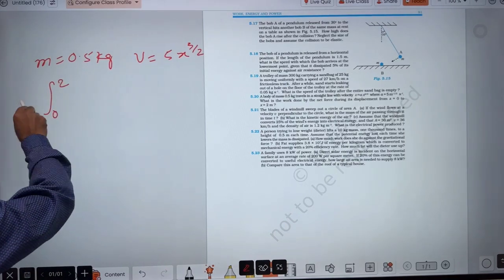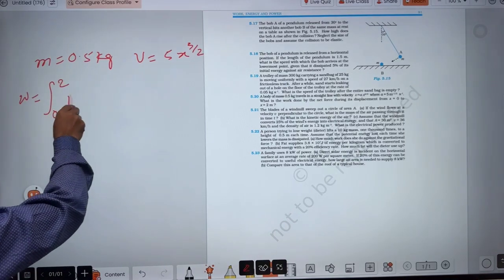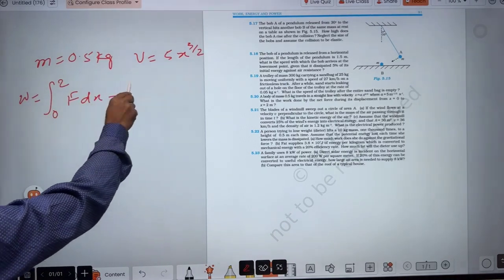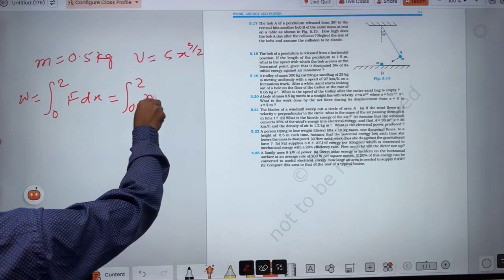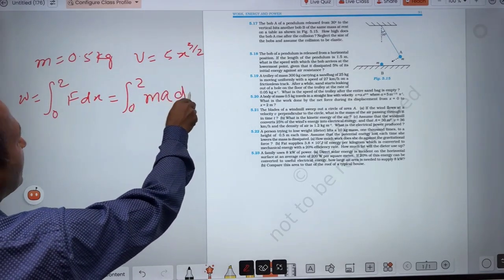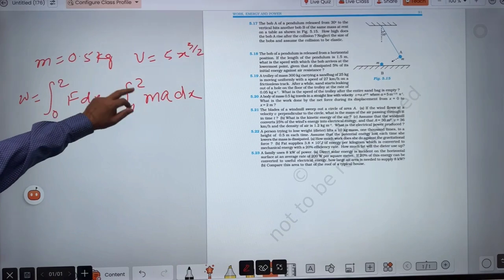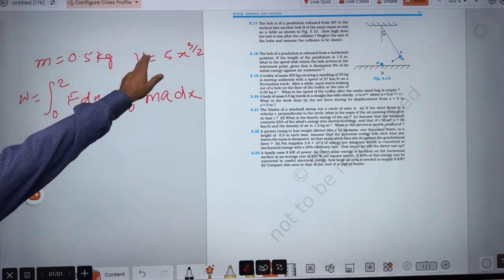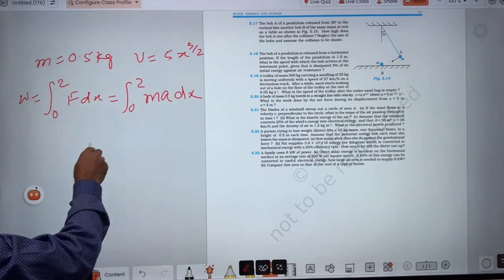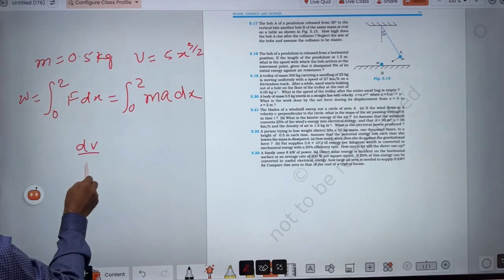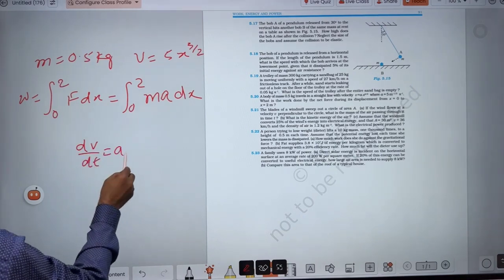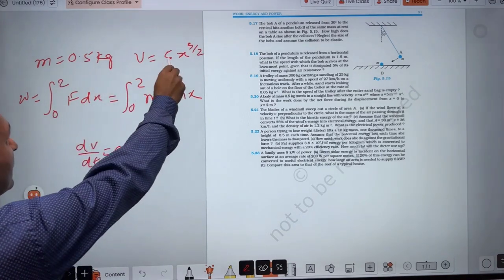So from 0 to 2 work W is to be found, W is the integral of f dx, that is ma dx. So what you have to do, m you have and a you can find from here. So dv upon dt is a, which is equal to differentiation of this.